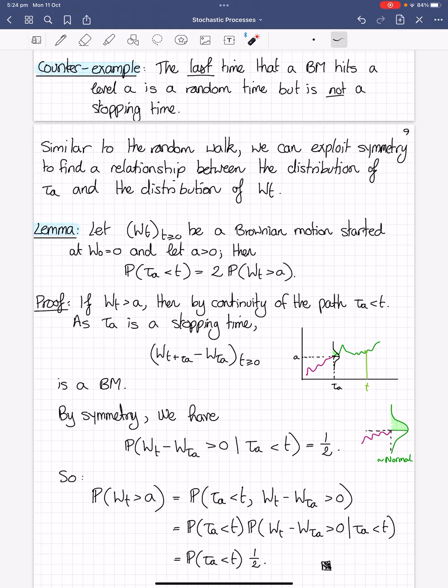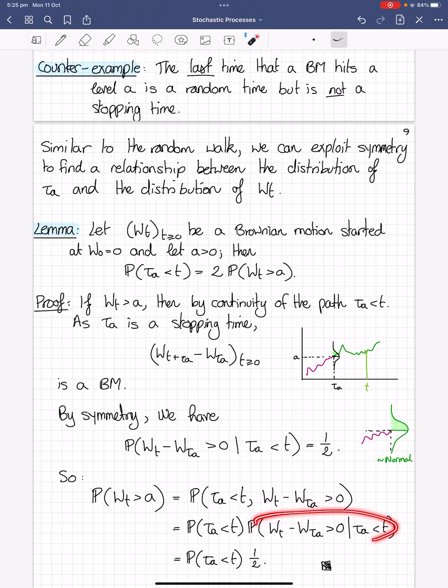So that means that the probability of Wt strictly greater than 0 is equal to the joint probability of tau a less than t and Wt minus W tau a greater than 0. Using a Bayesian type formula, we can write this joint distribution in terms of a conditional distribution and this tau a less than t.